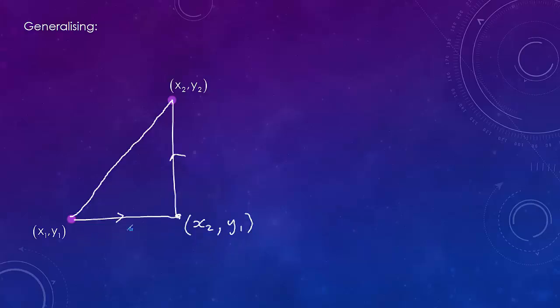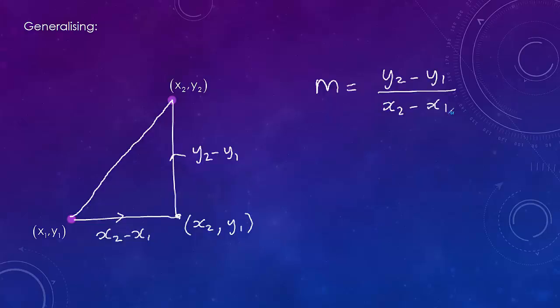So the distance across here, that's the run, is x2 minus x1. And the distance here, the rise, is y2 minus y1. And therefore the gradient is y2 minus y1 over x2 minus x1.